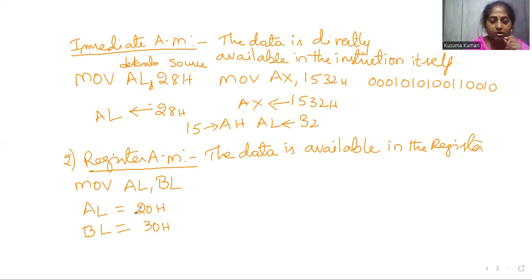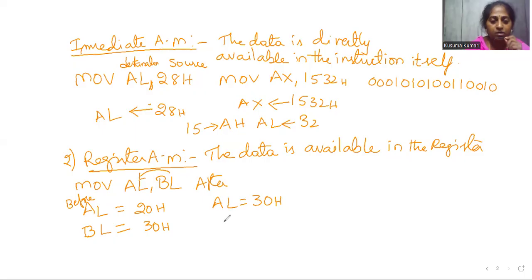Then after execution of this instruction, what happens? The BL register contents are transferred to AL. That means now the AL register contents become 30 hexa.